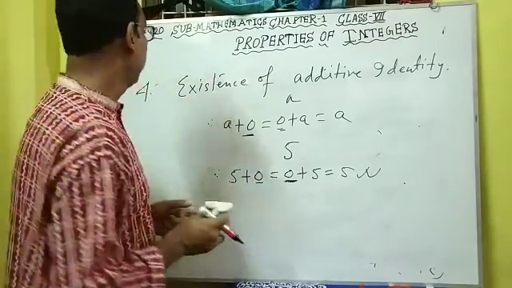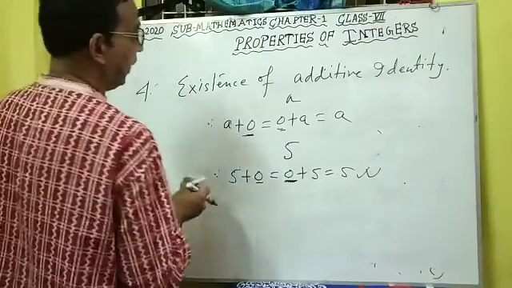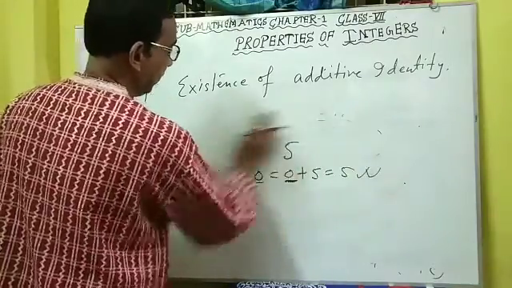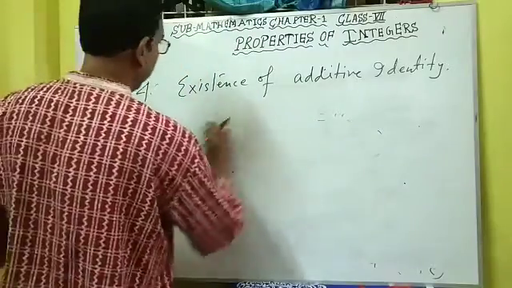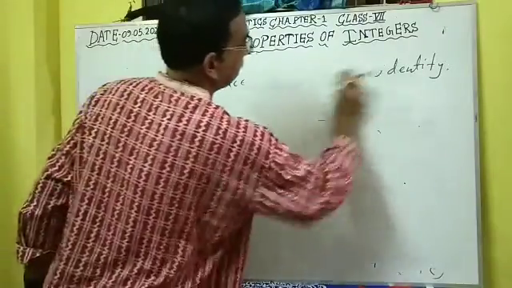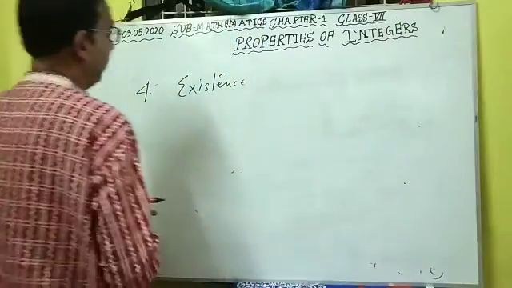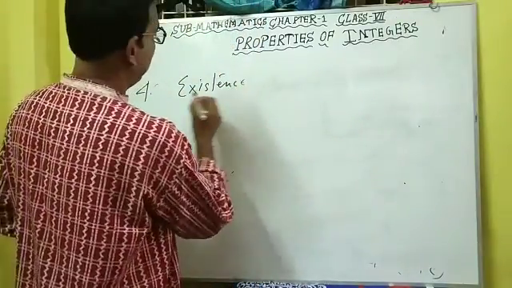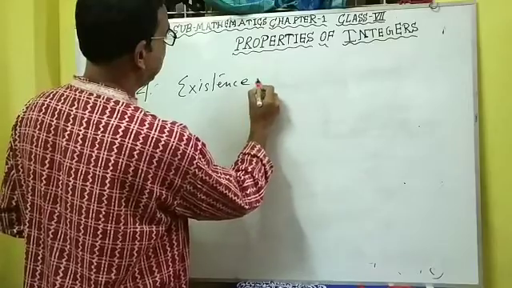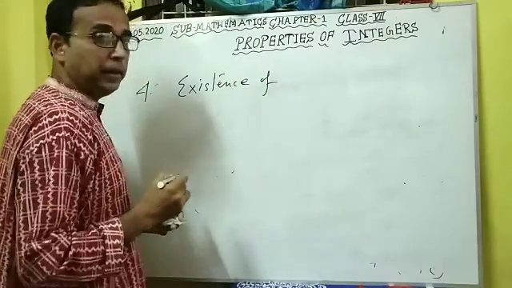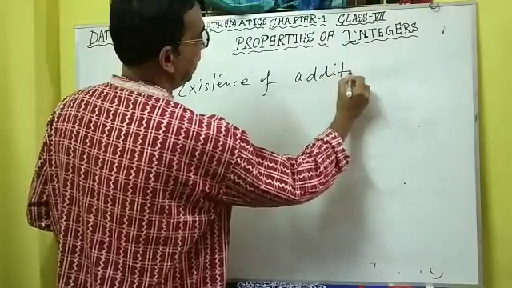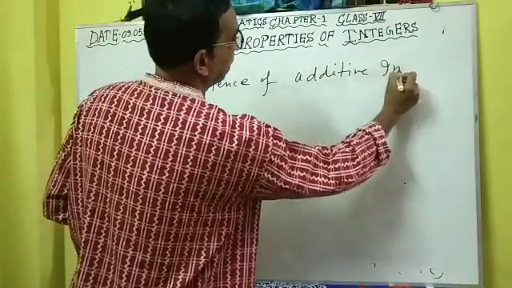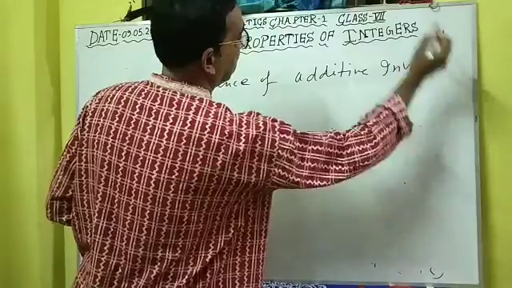Okay. The fifth and final property, existence of additive inverse.